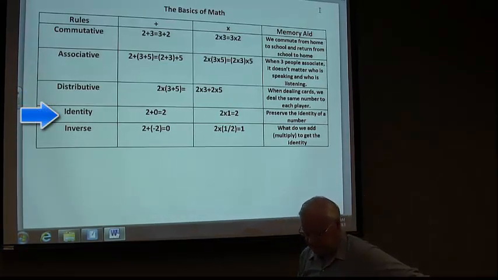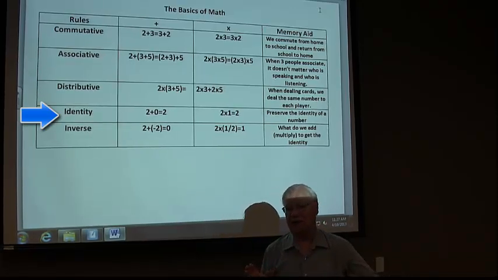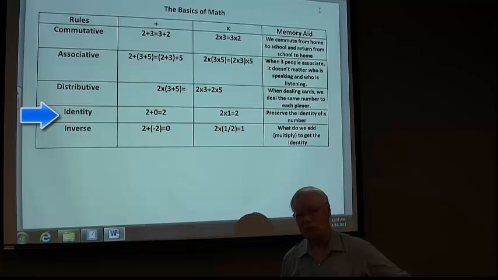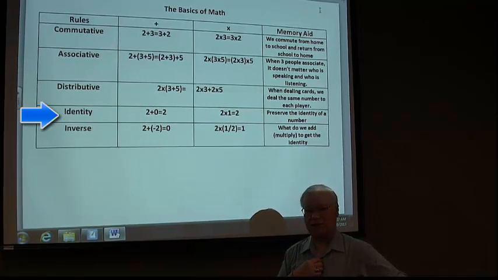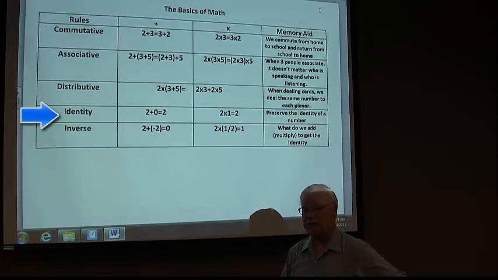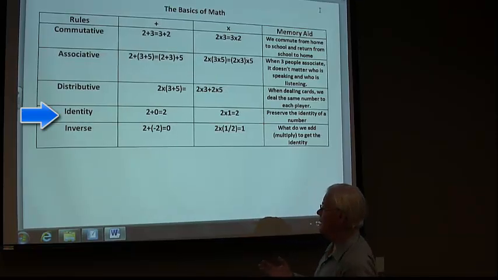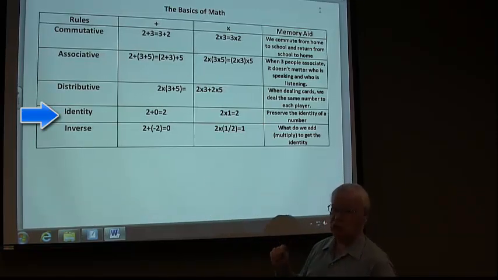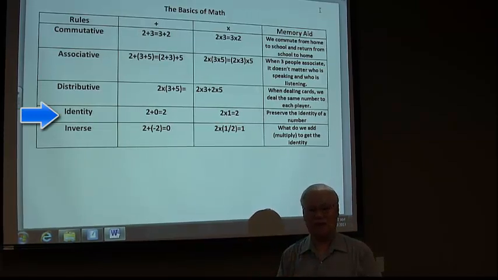Identity. Well, we talk about identity a lot today because we're concerned about identity theft. But identity is who you are, and you don't want to be changed by somebody else. So what can we do to maintain our identity? Well, the same thing is true with numbers. When you think about the identity law, what it says is, I have a number 2. I want to add to number 2, but I don't want to change its value.